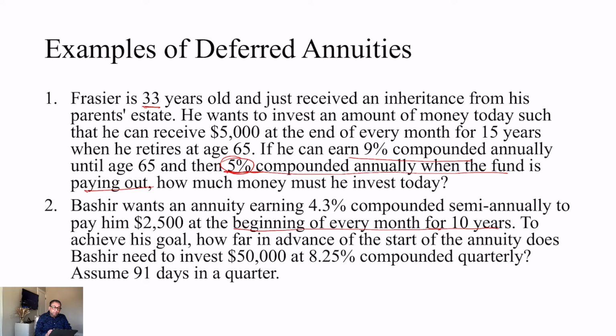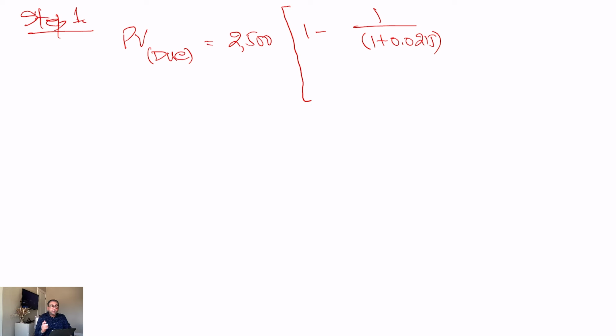So this is compounded semi-annually, so cy is 2 and py is 12, 2 by 12, and this is going to be n.